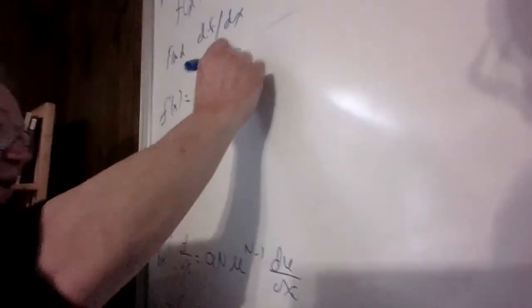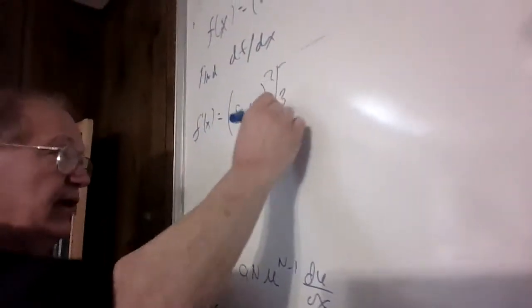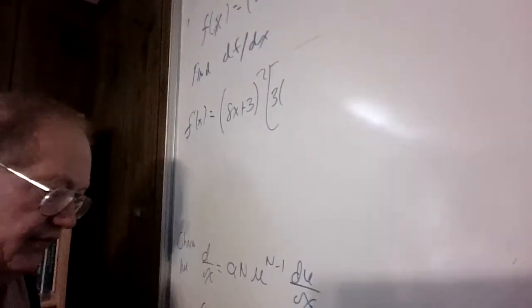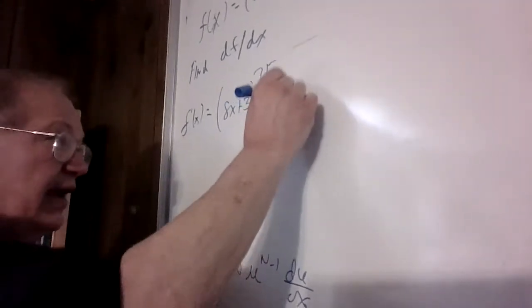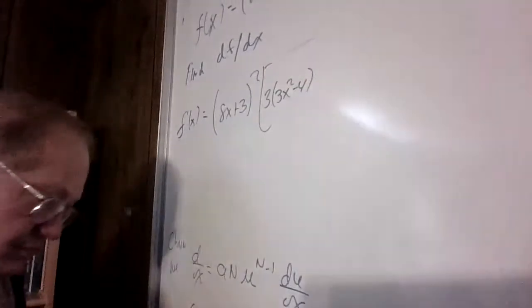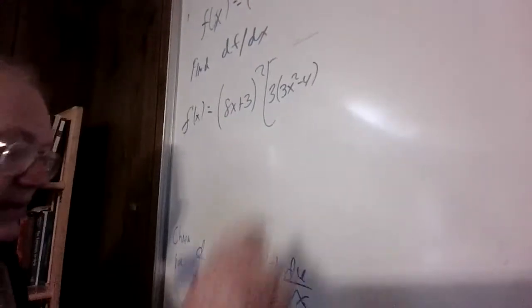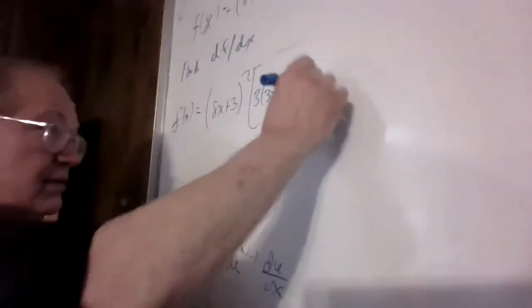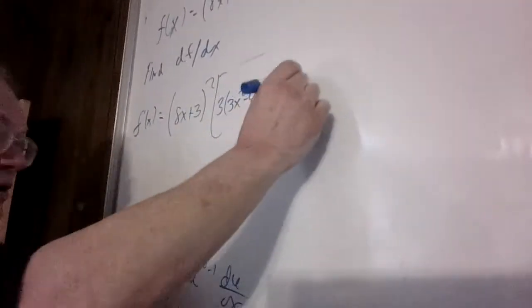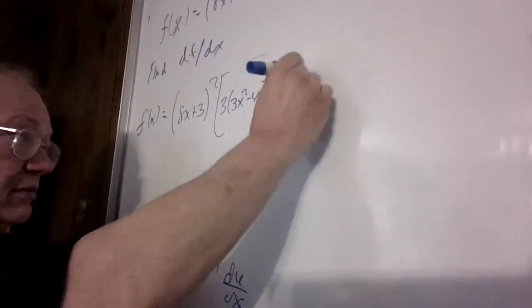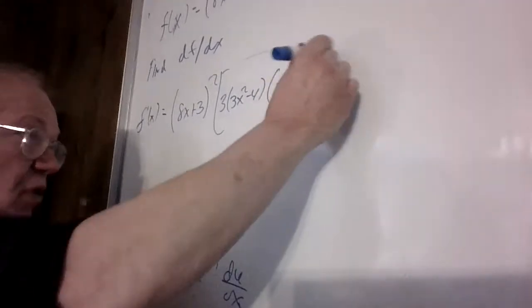3 times 3x squared minus 4. I'm going to do 3. I'm going to move this to here. Commutation rule. 3x squared minus 4, and x^3 minus 4x, squared, right?